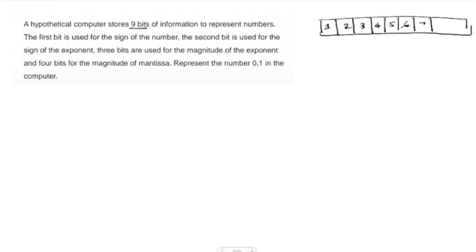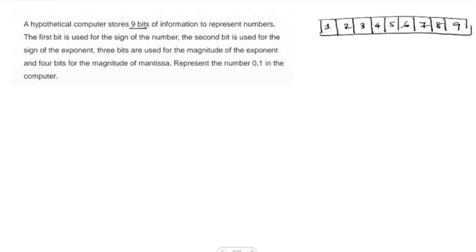So we have a hypothetical computer that stores 9 bits of information, which basically means that we have 9 bits to be stored in the computer. So we have 1, 2, 3, 4, 5, 6, 7, 8, and 9.